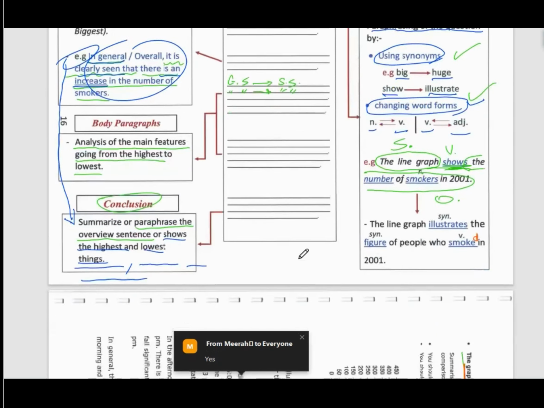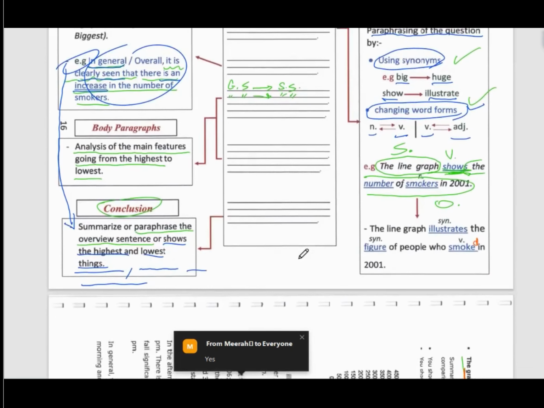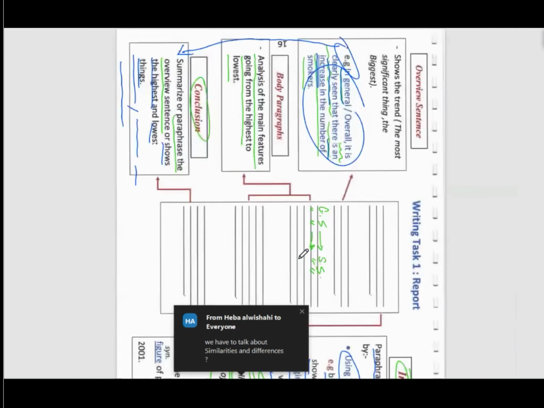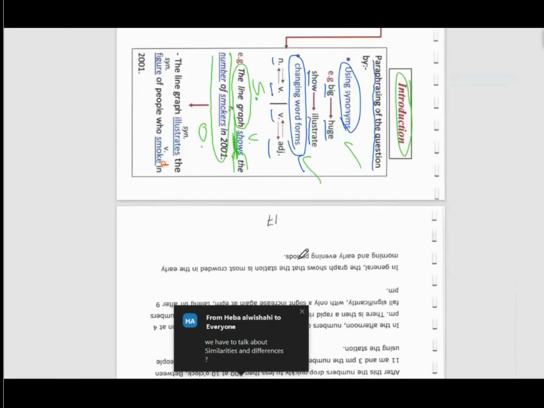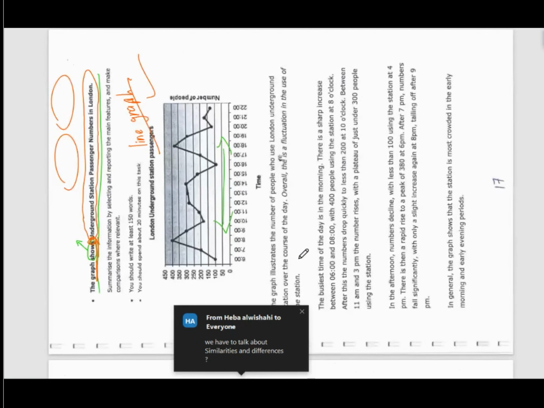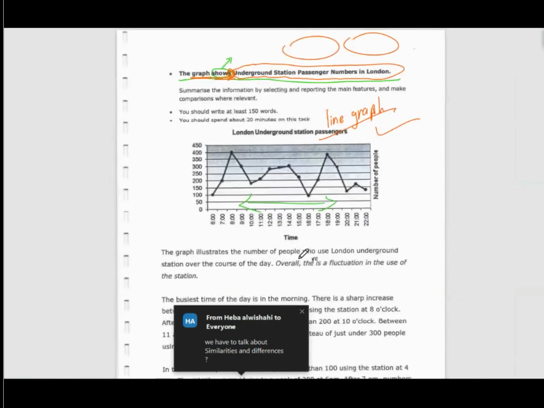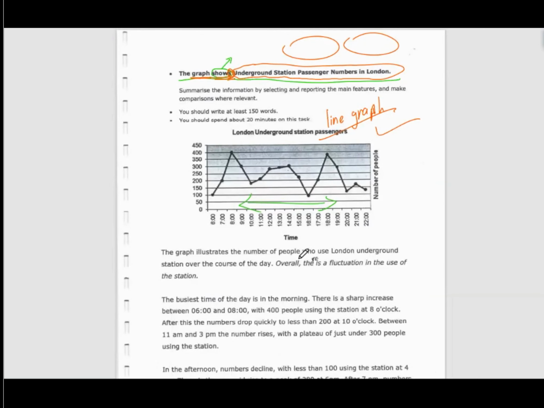Good. Now we will look at a question and an answer, and I will ask you also to underline some keywords in it. Yeah, similarities and differences, you will talk about them within the comparison and contrast sentences. You will compare and contrast sometimes.